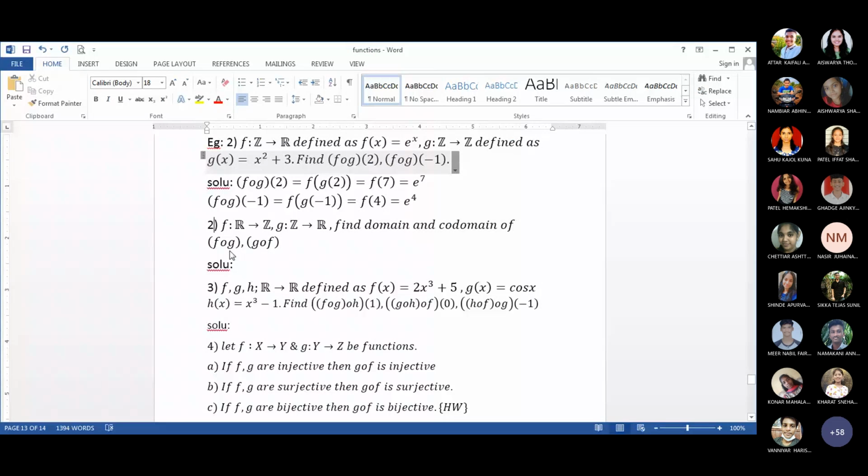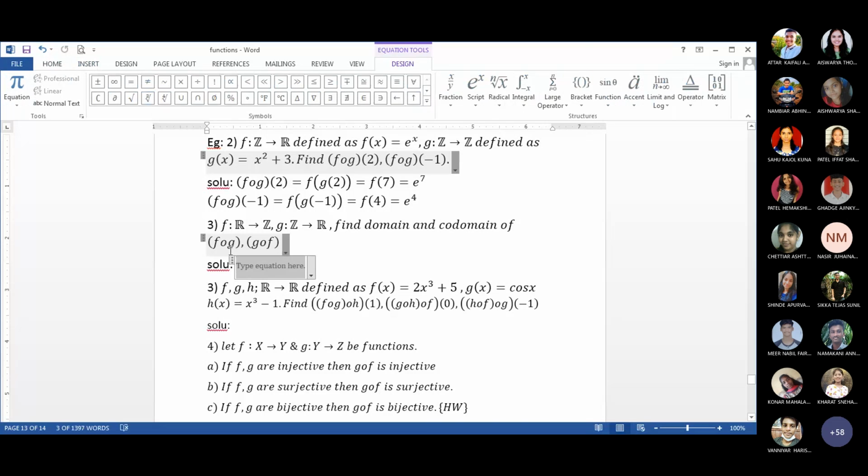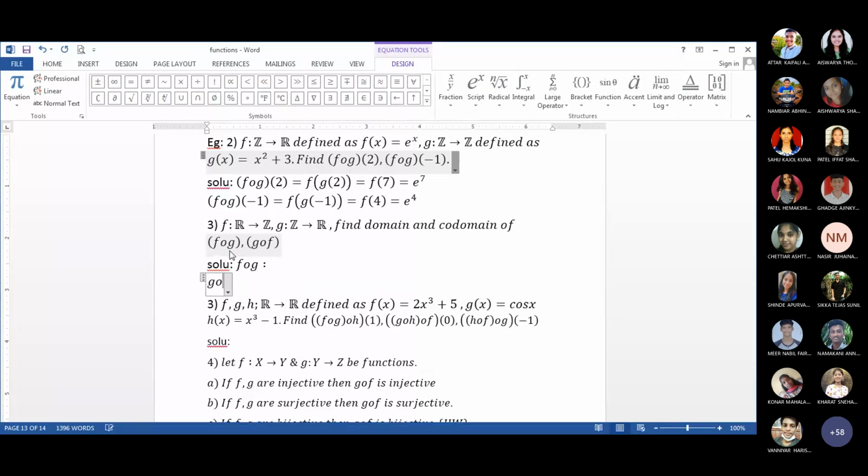Now the third sum. f is a function from R to Z. g is a function from Z to R. We are supposed to find out the domain and codomain of f composed with g and g composed with f. So tell me, what will be the answer? First, the domain and codomain of f composed with g.